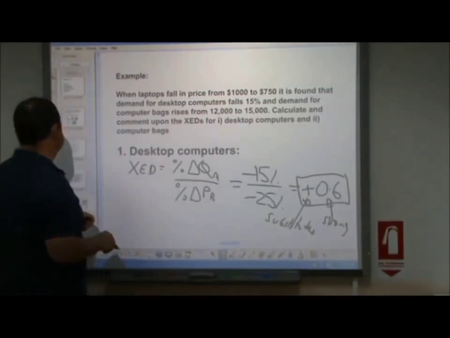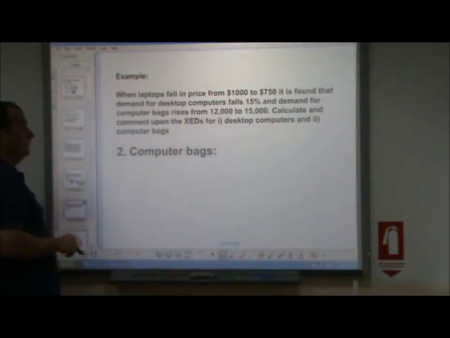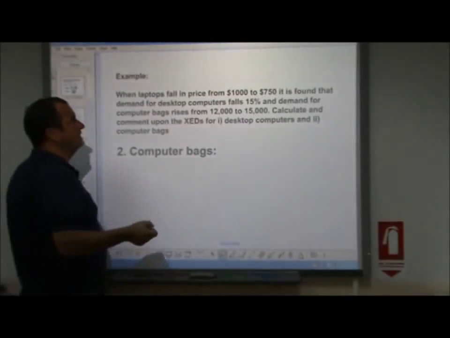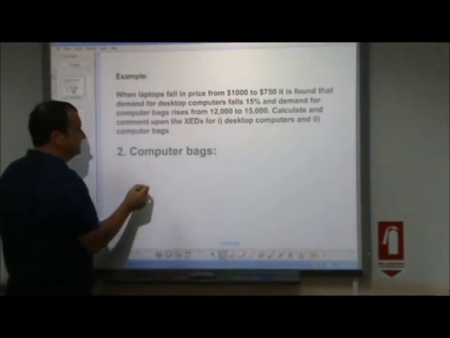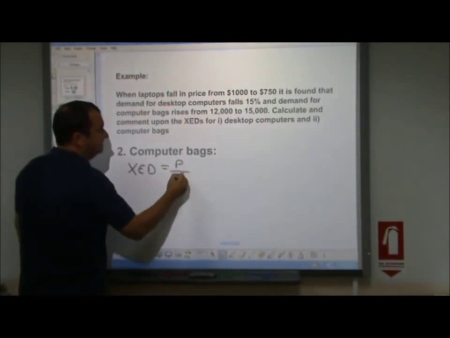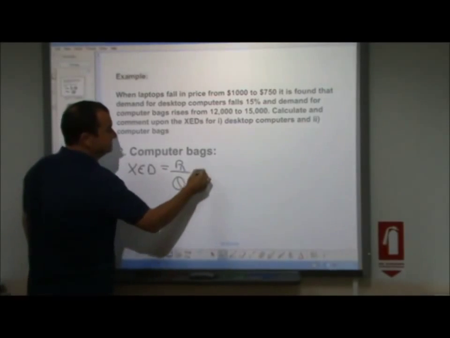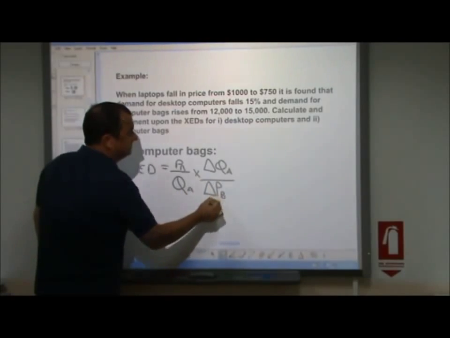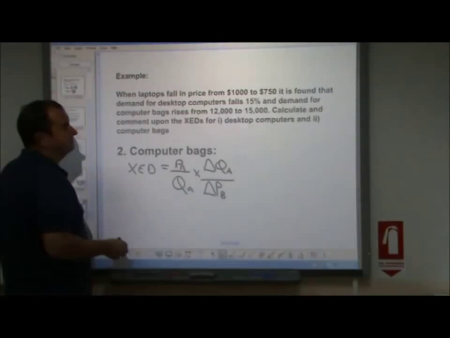Now, what about the bags? Okay, same question, but now we're going to look at bags. Now I'm going to use the other equation, because I've got some actual numbers here. So I can say XED equals P over Q, the price of B over the quantity of A, times the change in quantity of A over change in the price of B. Okay, so let me put the numbers in now.